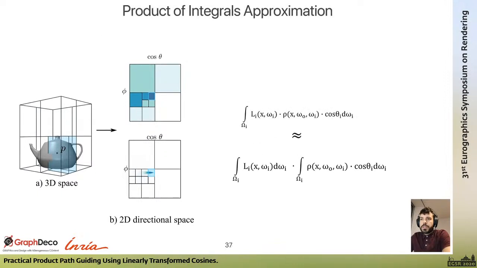If we have this computed value, we can approximate the integral of the product with the product of integrals. This means that during the hierarchical warping scheme, we would just need to multiply the two values and use them for the traversal probability. Note that this approximation gets better with the refinement of the quadtrees.